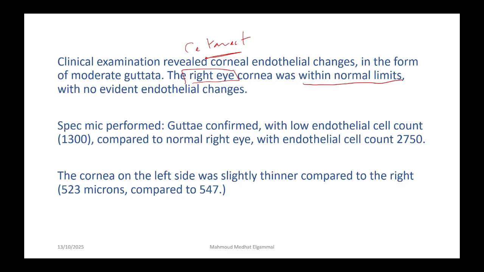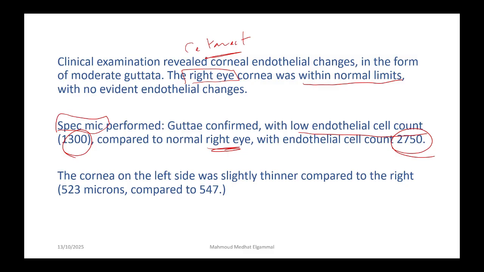I performed a specular microscopy. Guttata confirmed. There was a low endothelial cell count in the left eye, 1300, and the right eye was normal at a count of 2750.